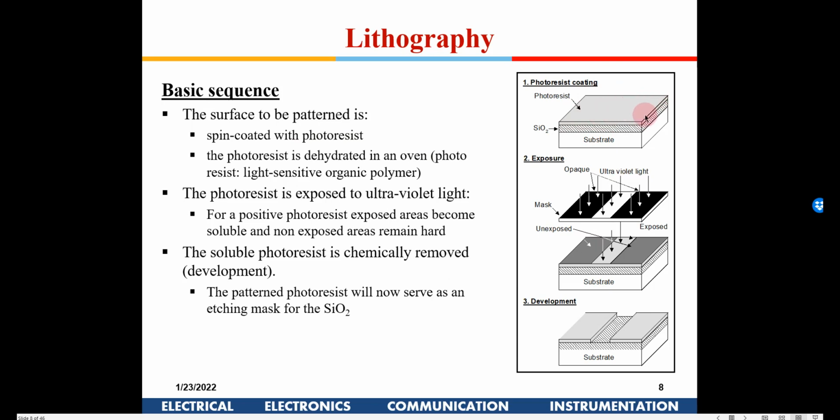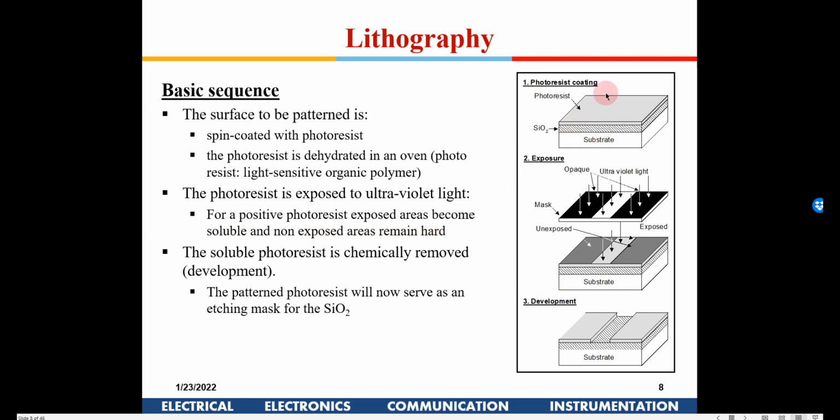Now there can be two types of photoresist. One is known as positive photoresist, and one is known as negative photoresist. They are essentially different chemicals. Now for a positive photoresist, if we expose the area with ultraviolet rays, it becomes soluble, and the non-exposed areas remain hard.